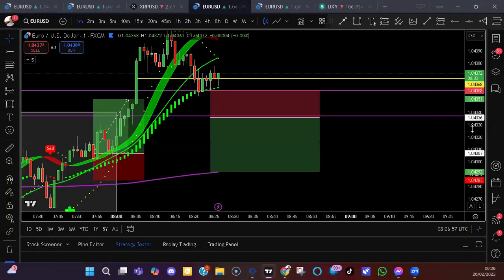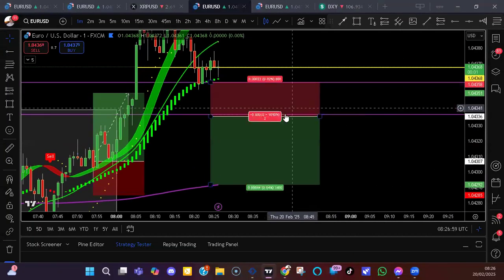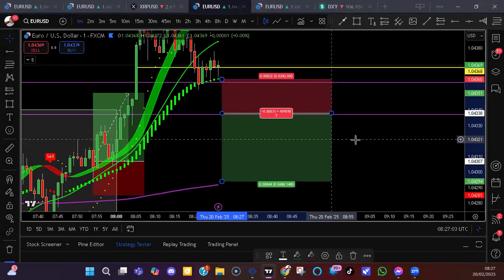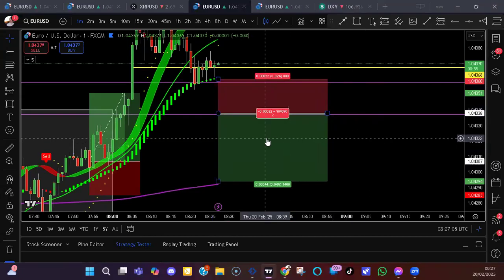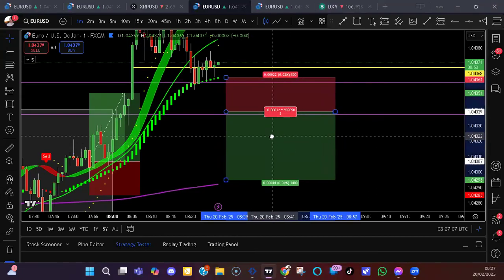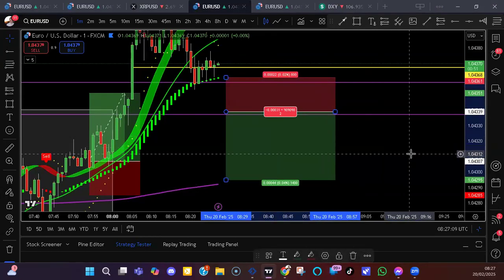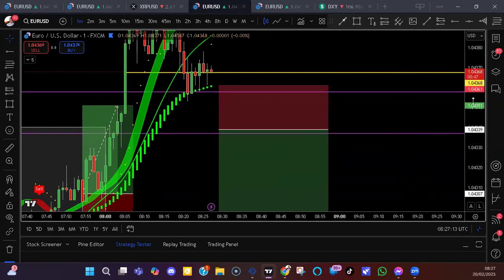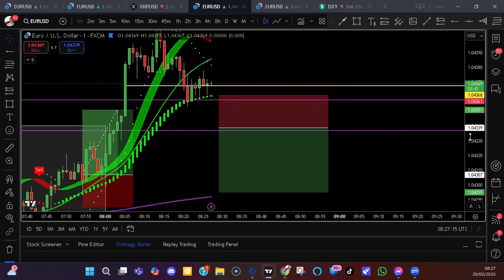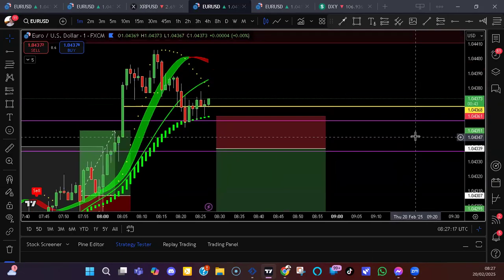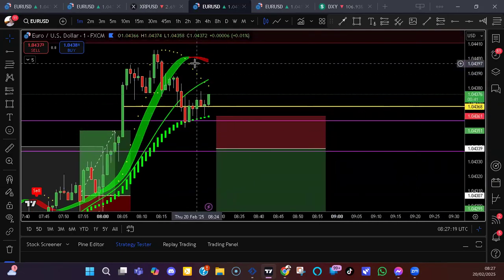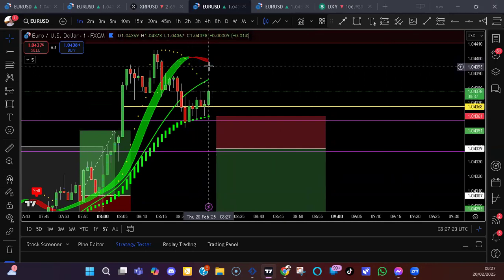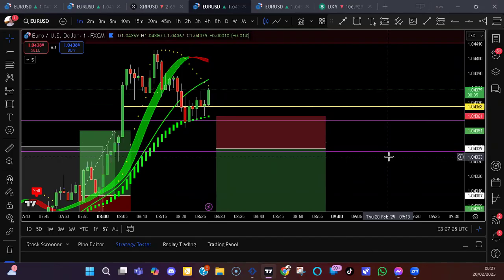Now, once again, we haven't really missed anything. We're getting a little bit of sell volume now, as indicated by our volume as part of our indicator.